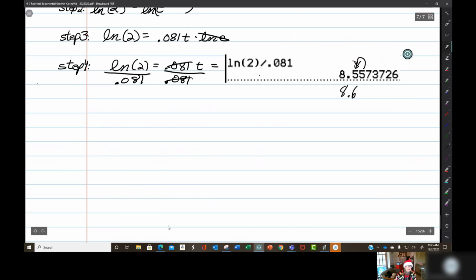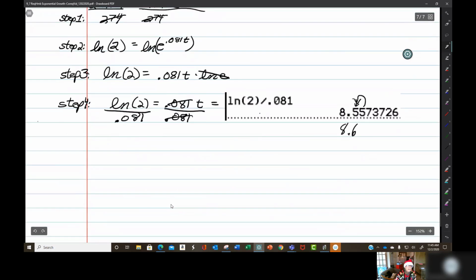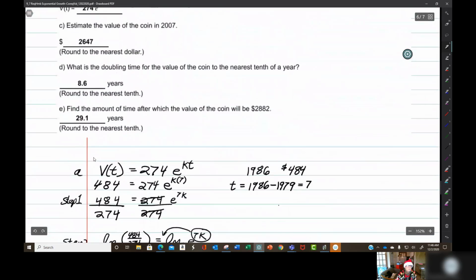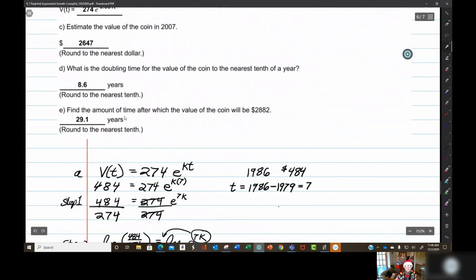And then finally, E. Find the amount of time after which the value of the coin will be $2,882.